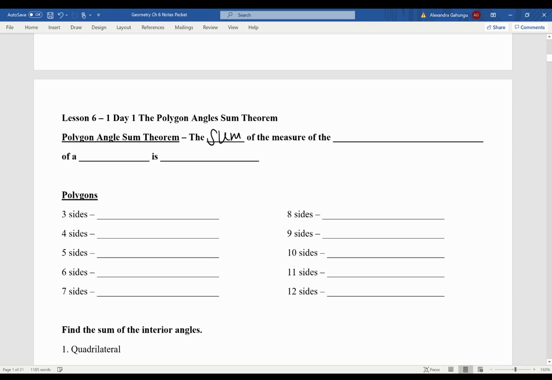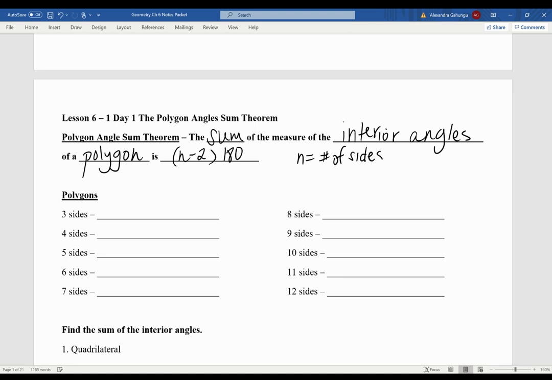The sum of the measures of the interior angles of a polygon, a many-sided figure, is the expression n minus 2 times 180, which just means that the number of sides, n, of our polygon minus 2, times 180, will be the sum of our interior angles.